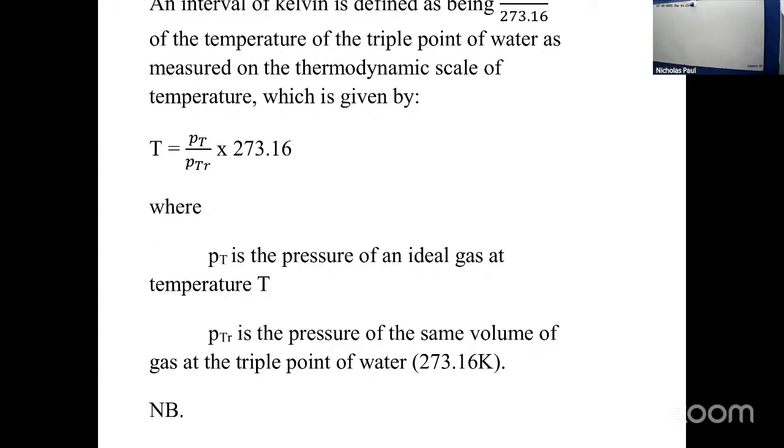Just write down what PT and PTR are so you'll know when you're using it.